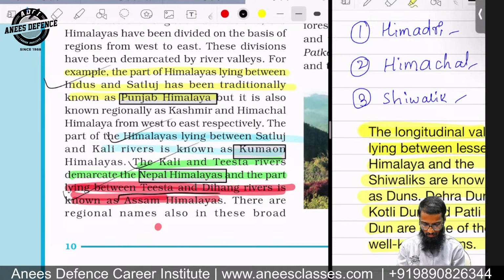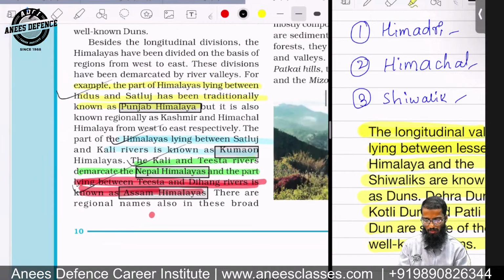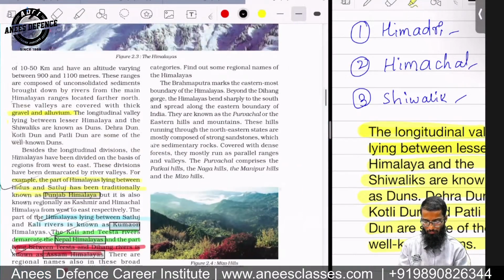Then you have Assam Himalaya. So these 4 Himalayas we have: Punjab, Kumaon, Nepal, and Assam. Is it clear? Look, one is Punjab, another is Kumaon, next is Nepal, and fourth is Assam.